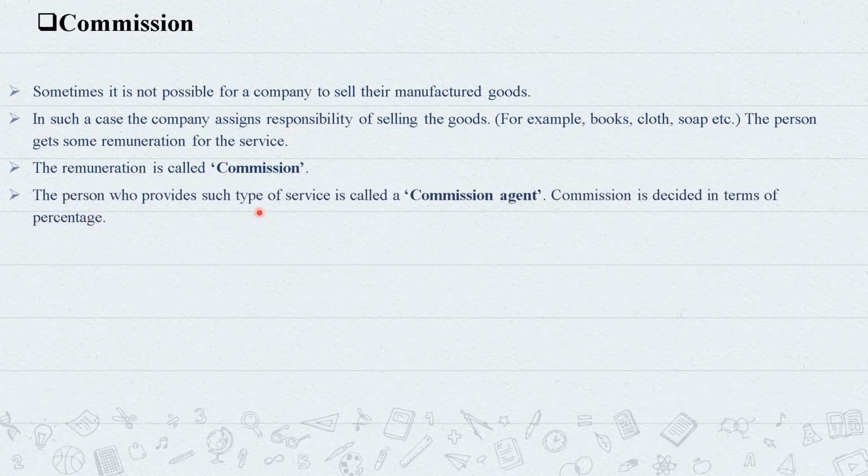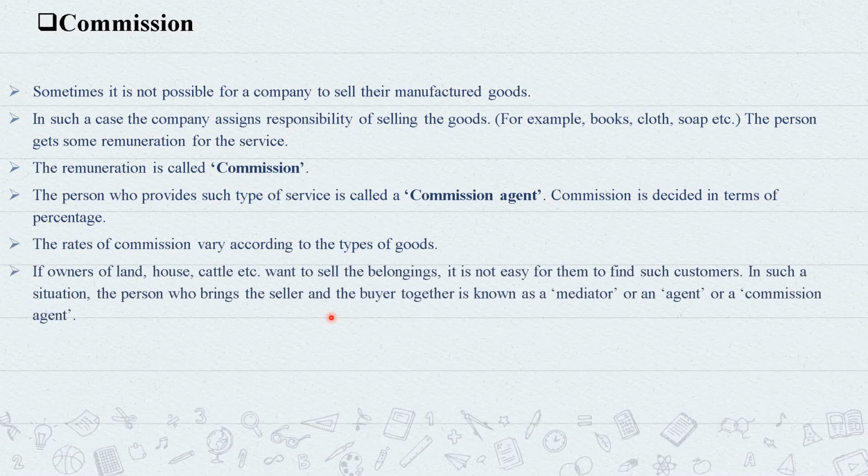The person who provides such a service is called a commission agent, and commission is decided in terms of percentage. The rates of commission vary according to the types of goods. So different types of goods will have different commission rates.